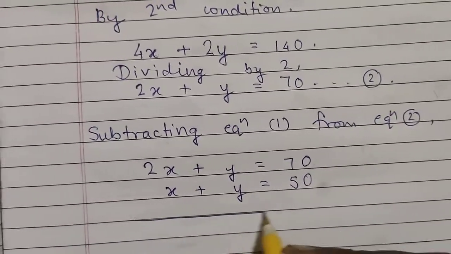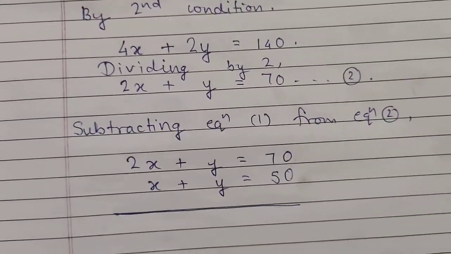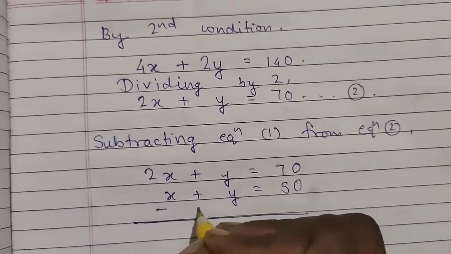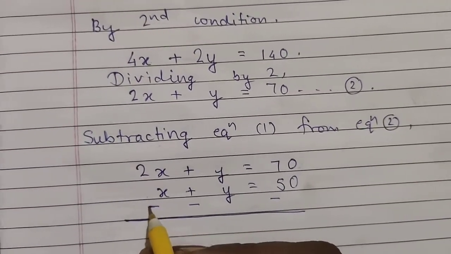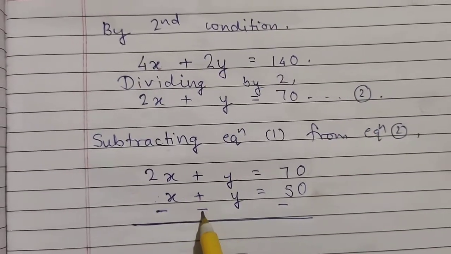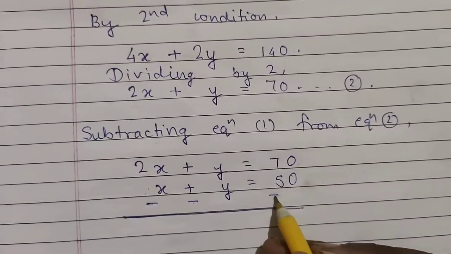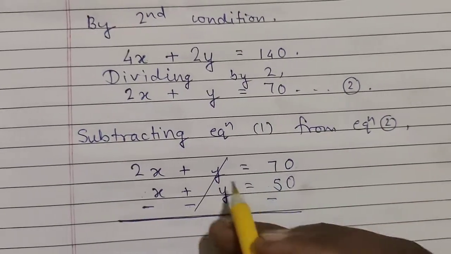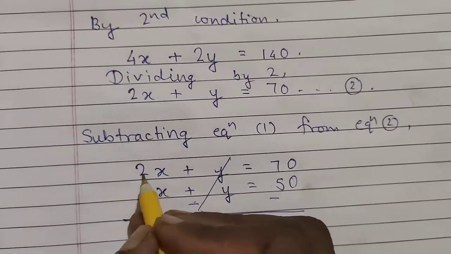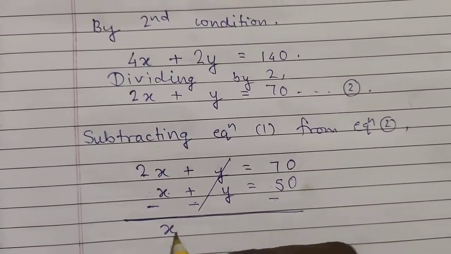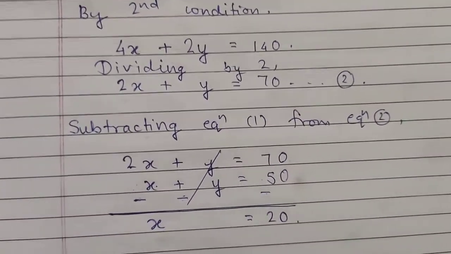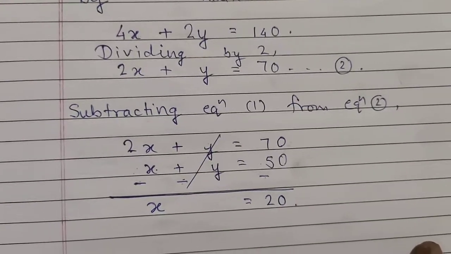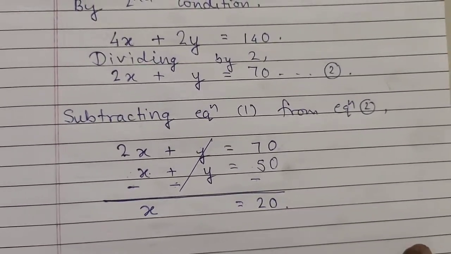Now students, always remember, whenever you are subtracting, you have to change the sign. So this positive becomes negative, and here positive becomes negative. Here y minus y cancelled, 2x minus x will give you single x, and here 70 minus 50 will give you 20. So finally you got the x value 20.